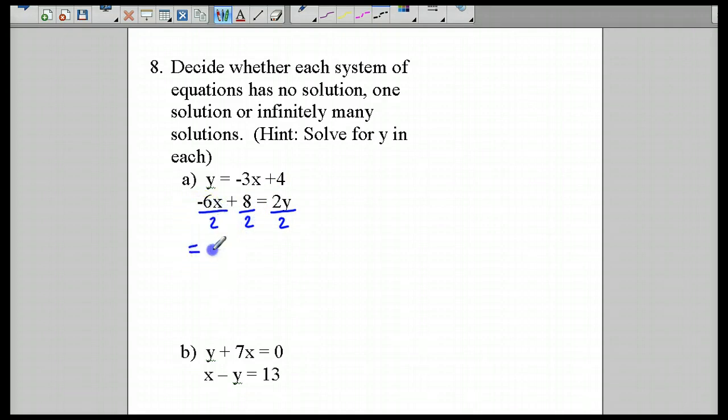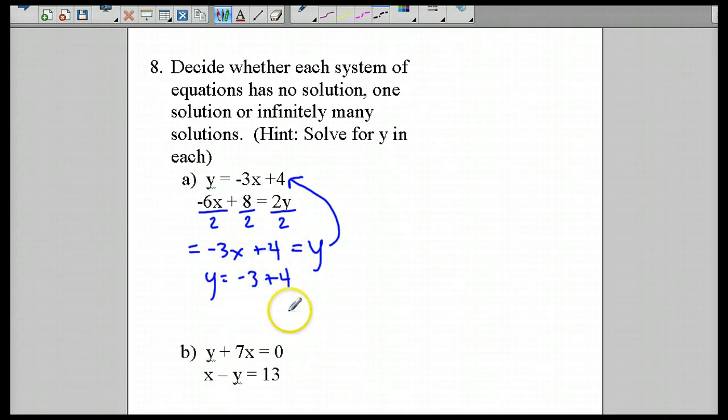So what that leaves us with is negative 3x plus 4 equals y, which is the exact same thing as this first equation. So what this tells us is when we have the exact same line, y equals negative 3x plus 4, and y equals negative 3x plus 4, there will be infinitely many solutions. So remember, infinitely many.